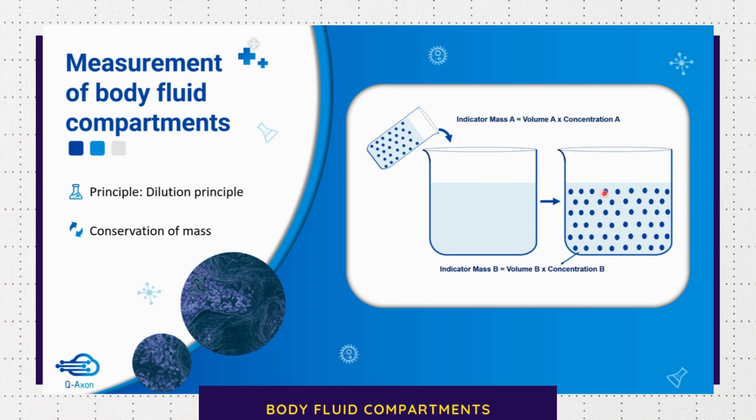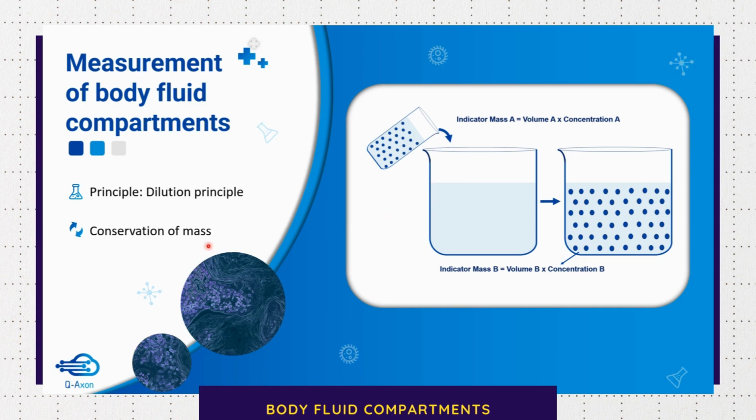Fine. Now if the indicator is neither metabolized nor excreted, what will happen? Mass A will be equal to mass B. That is the principle of conservation of mass, right? The indicator has diluted in the new volume, that is the dilution principle, and the mass is remaining constant.